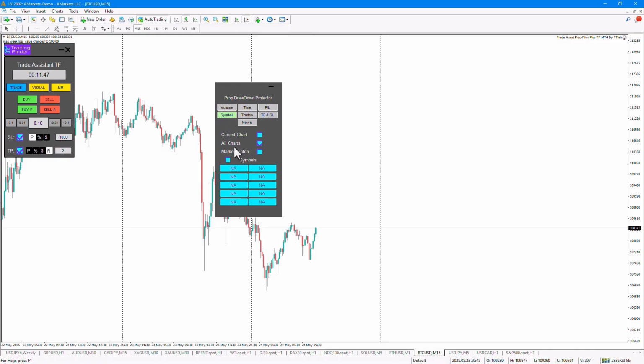If we select the next option, all charts, it will consider all the charts that I have open at the bottom, and I am only allowed to trade on the symbols that I have opened in that section. The next option is related to Market Watch.